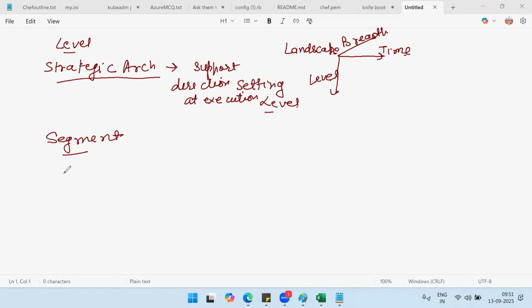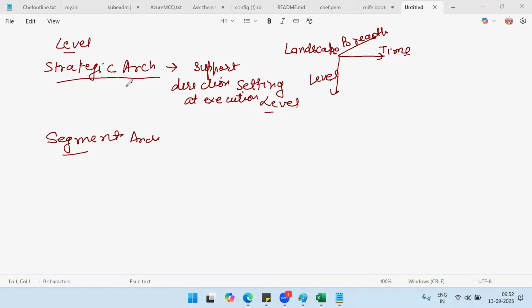We are saying on level 1, which is the segment architecture. So if you want to provide an operational or other changes, meaning application changes, then how can we do this, what is the change level, that comes under the segment architecture.